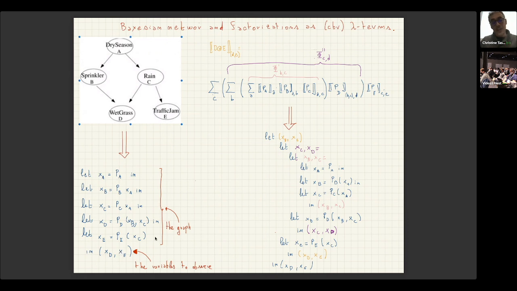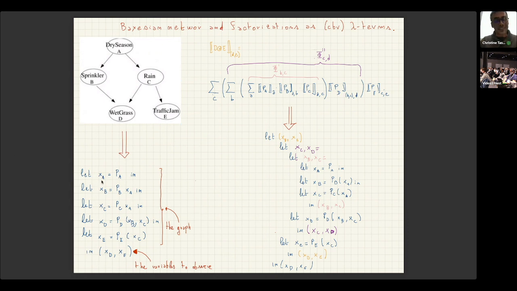Okay, this term here, if you interpret it in some categorical semantics, in some denotational model, like relational semantics or probabilistic coherence spaces, what you get is exactly the algebraic expression that I gave you at the beginning of the talk, the naive one that consists in making the multiplication of the 5 stochastic matrices PA, PB, PC, PD, PE, and then summing out the 3 variables, which is inefficient.